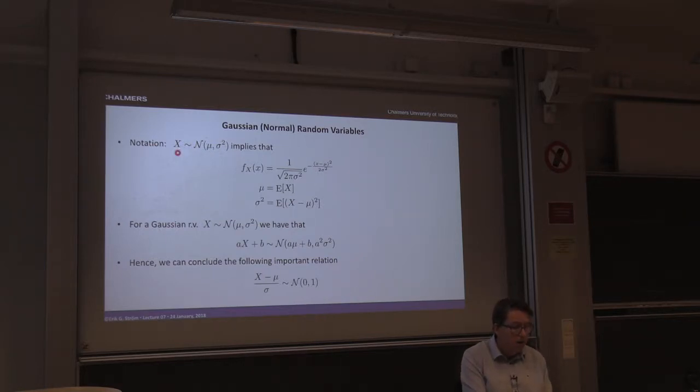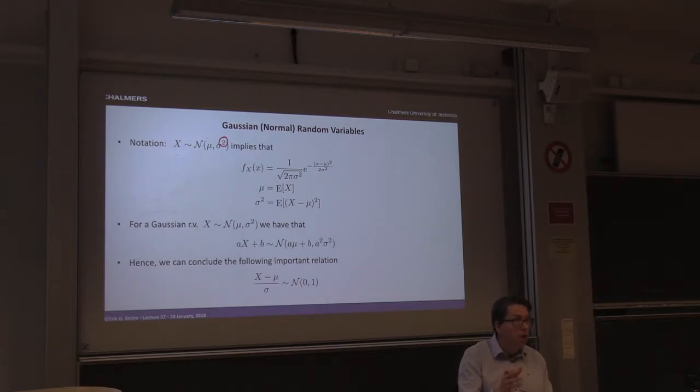So if x is a Gaussian random variable, this curly wiggle here means distributed as, and the curly N means Gaussian or normal, N for normal, I guess. The first quantity here is the mean, and the second one is the variance. I would like to stress that it's the variance, because we also see notation where it's sigma as the second parameter.